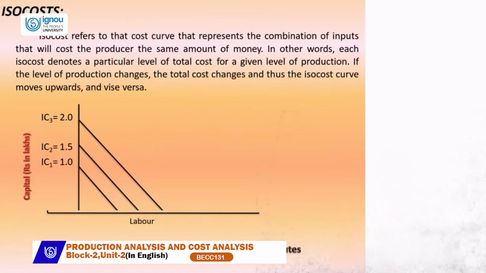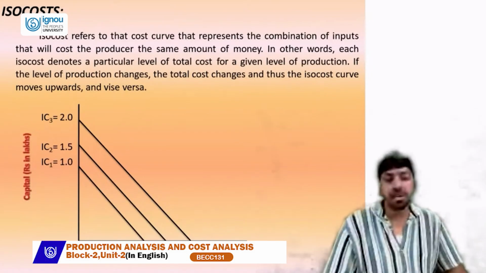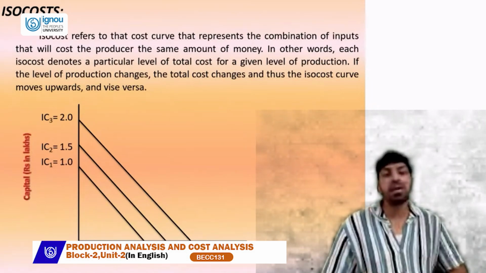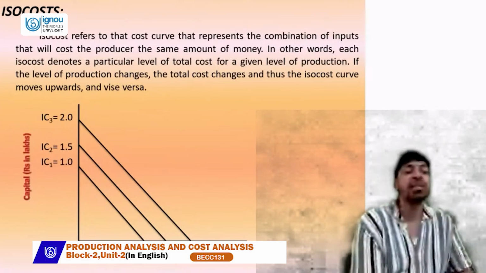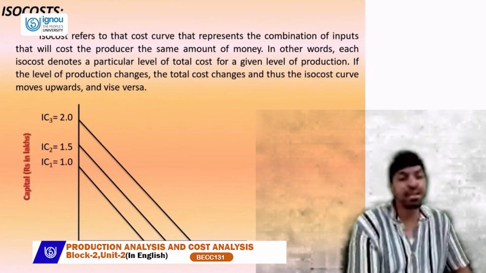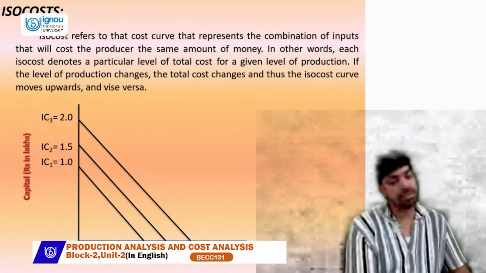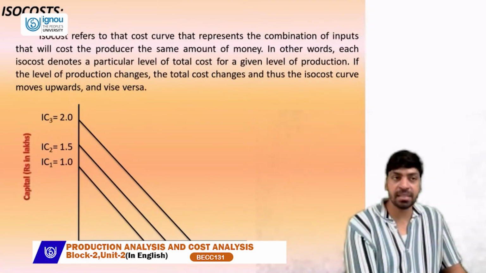This is the shape of the isoquant curve. If the level of production decreases, the isoquant curves move downwards. So it becomes IC1, IC2, IC3.